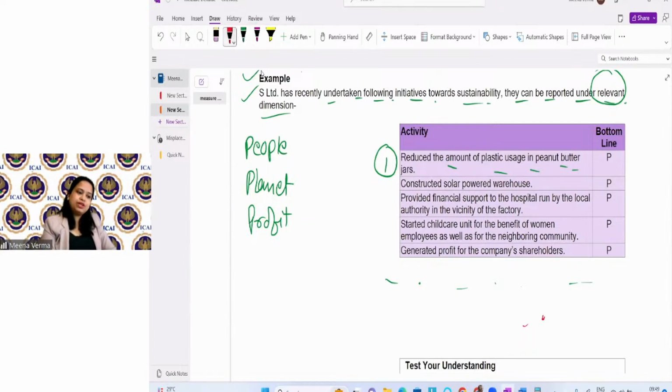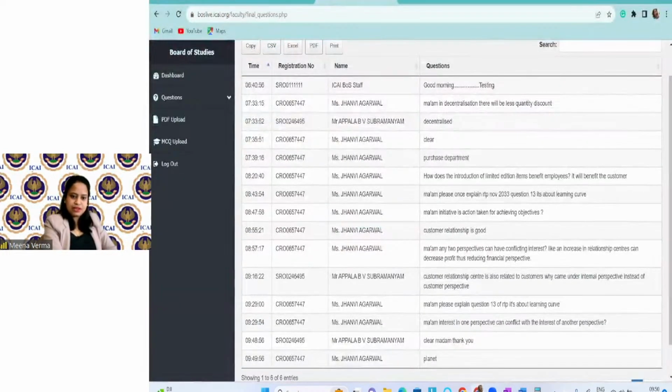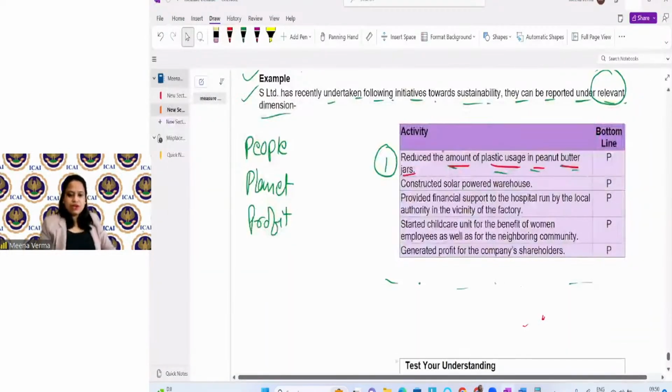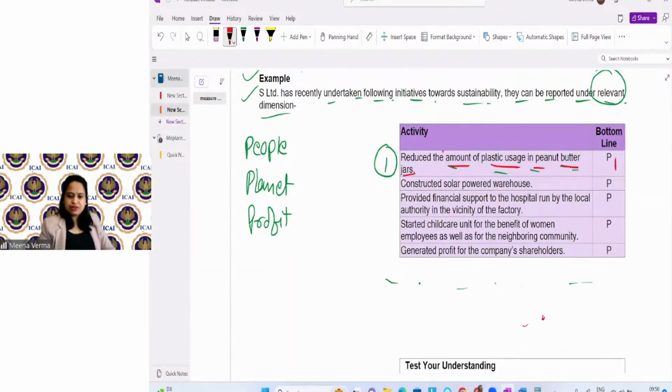What is happening here? The company is selling a jar, and on that jar the company is putting some plastic. Now the company aims to reduce the use of the plastic. Where do you want to consider this point? Yes, planet. Okay, yes, we will consider it in planet.